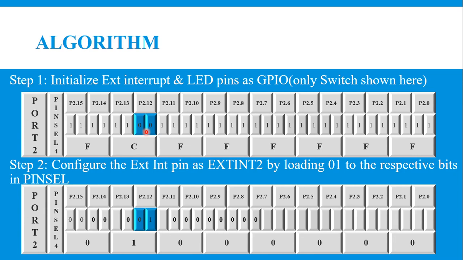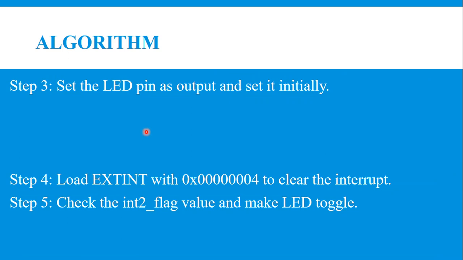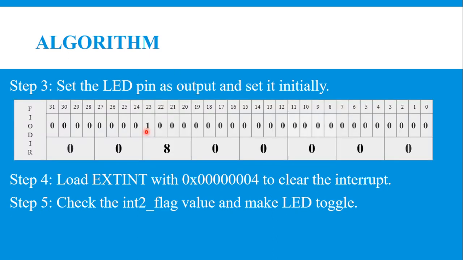Now set the LED pin as output and set it initially. Upon occurrence of interrupt, the LED is going to be turned off. For that reason, the LED pin is set as output and kept set at the initial stage.